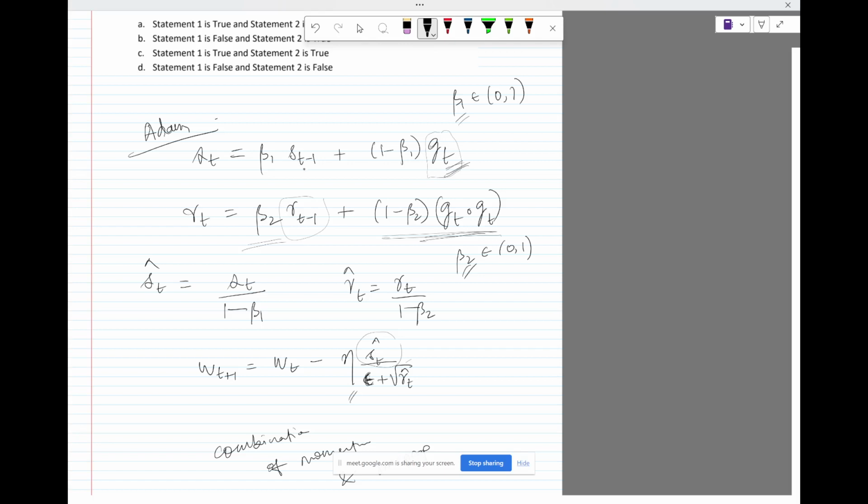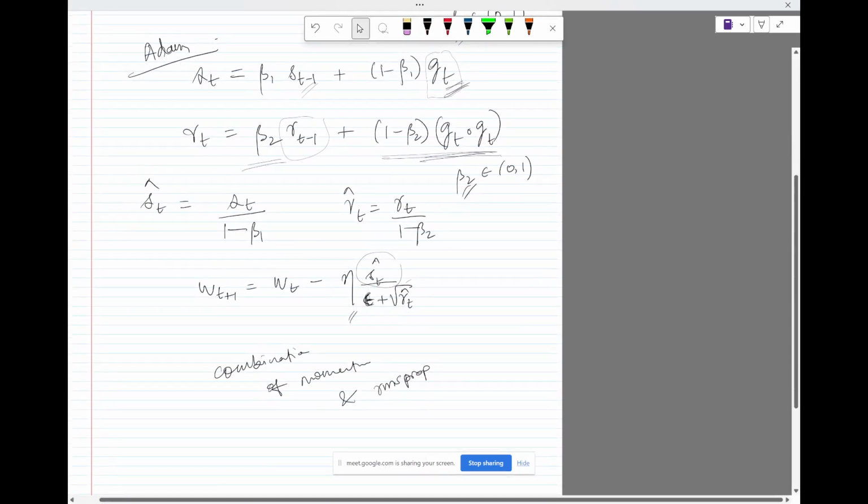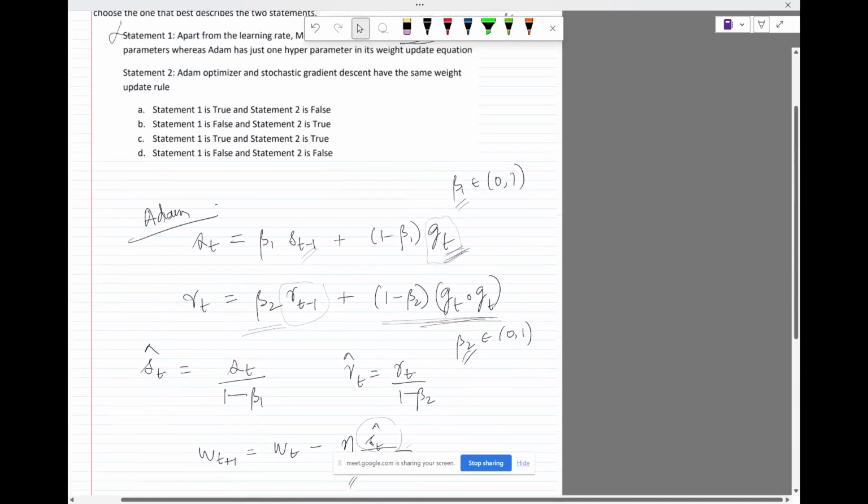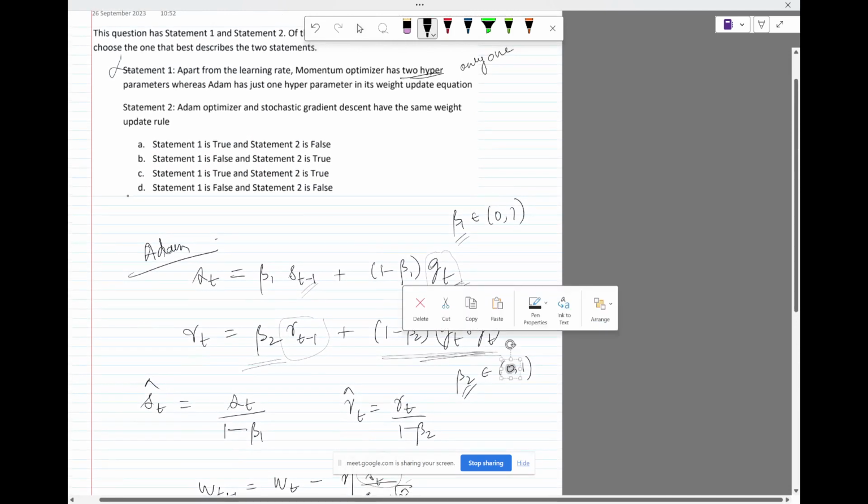You can say s_{t-1} is kind of the momentum. So here statement 1 and statement 2 both are false.